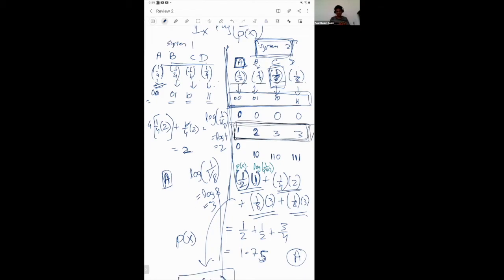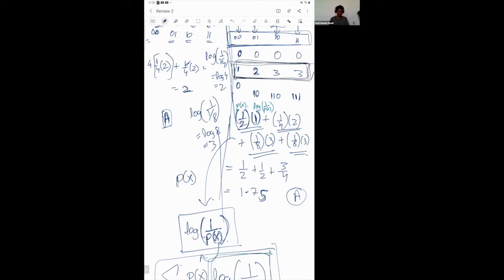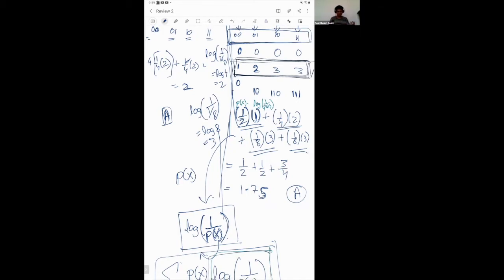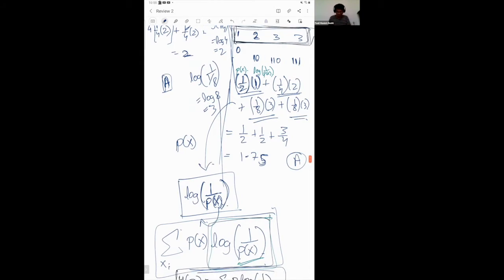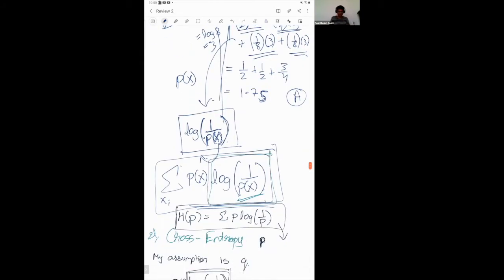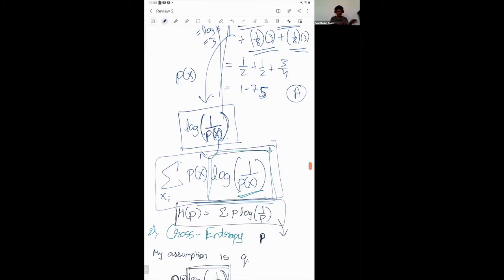So, the number of bits that I would require in order to give you all of that information, so that you can decode from it. And basically all of these three things, entropy, information, and number of bits required, are kind of the same.